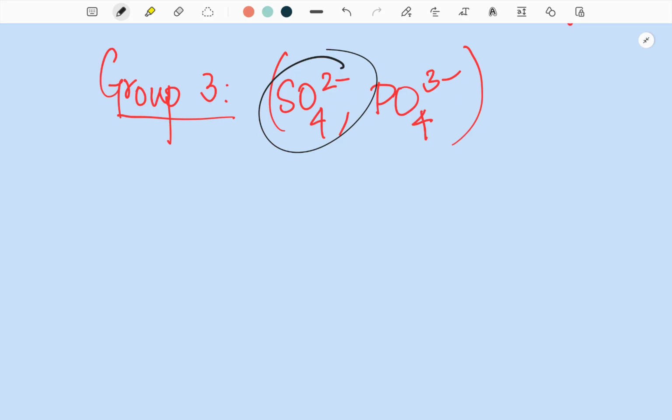So that is the reason why you need to use salt solution, because salt is a solid. We need the salt to be in aqueous state, for which you need to add water. This is known as water extract, or in simple terms, salt solution. Basically, salt solution is salt plus water.